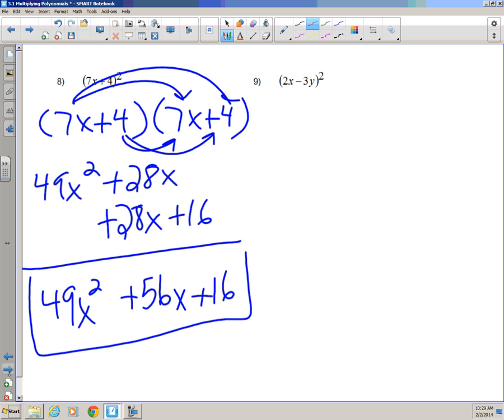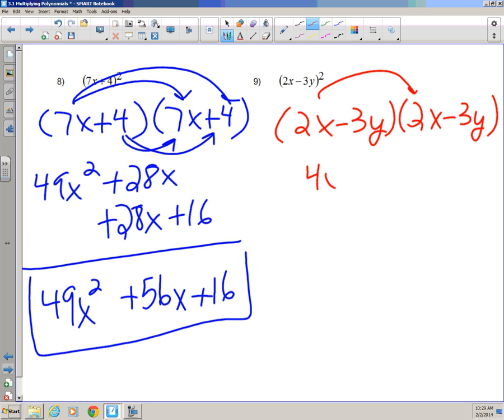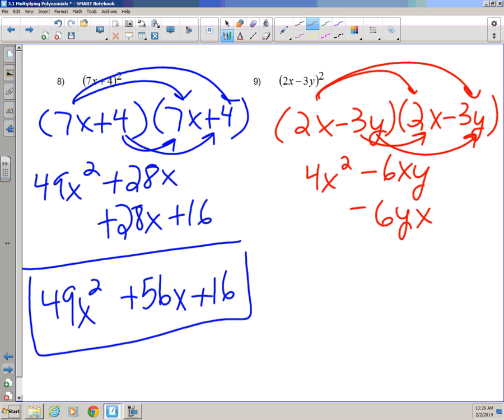This next one, 2x minus 3y quantity squared means 2x minus 3y twice. And then again, distributive property, 2x times 2x, 4x squared. 2x times negative 3y, negative 6xy. Indent underneath. Negative 3y times 2x, negative 6yx, negative 3y times negative 3y, positive 9y squared.